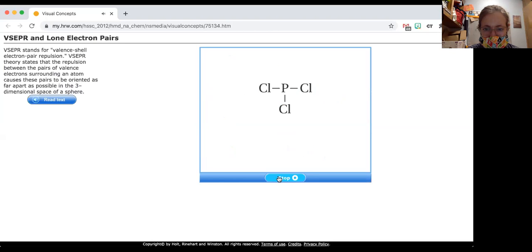Phosphorus trichloride, for example, is made up of a central phosphorus atom attached to 3 chlorine atoms by single bonds. Consulting the periodic table, we see that phosphorus has 2 valence electrons in s orbitals and 3 valence electrons in p orbitals. The chlorine atoms all have 7 valence electrons, 1 empty spot in one of their p orbitals.